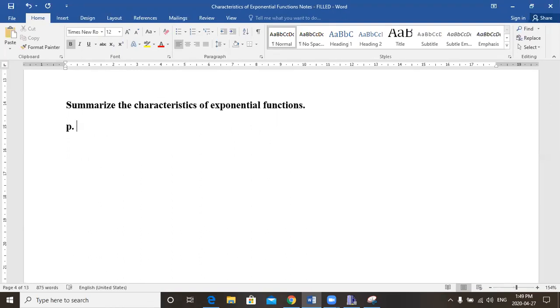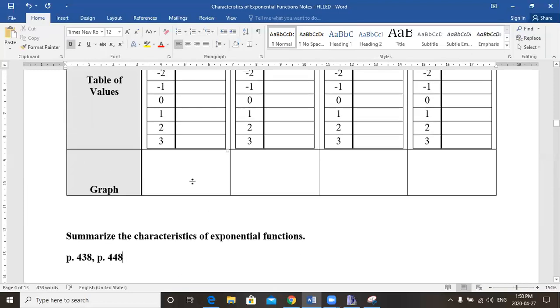Page 438, in summary, and also page 448. So please make sure that you refer to those summary charts, and I would probably copy that information out and make sure you know it.